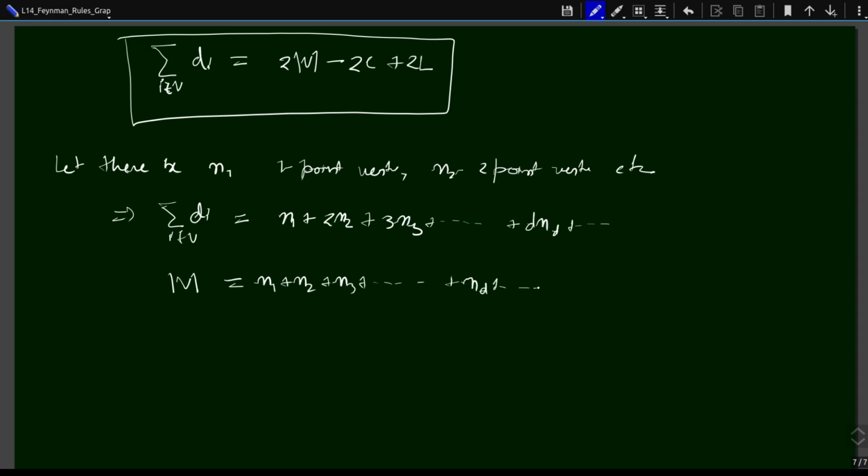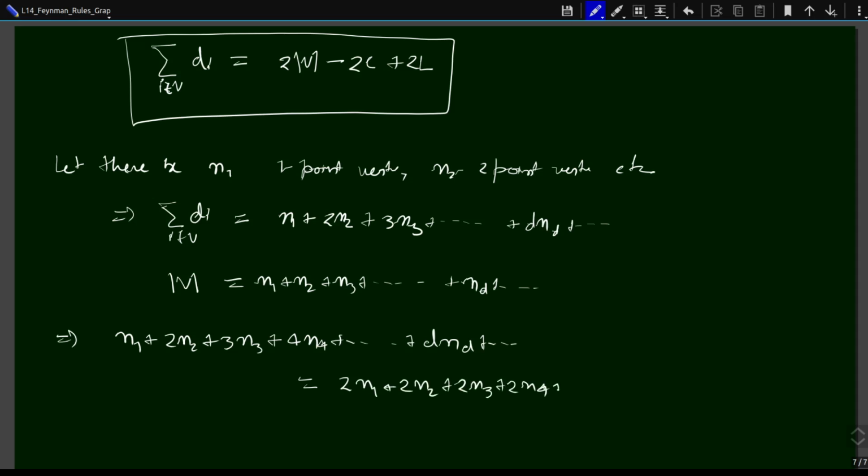Okay, so I can put these two formulae over here, so it gives me this formula that I have written, gives me n1 plus twice n2 plus thrice n3 plus, just let me write one more thing, 4 times n4 plus dot dot dot plus d times n_d plus blah blah blah is equal to 2 times n1 plus 2 times n2 plus 2 times n3 plus 2 times n4 plus blah blah blah plus 2 times n_d minus 2C plus 2L.